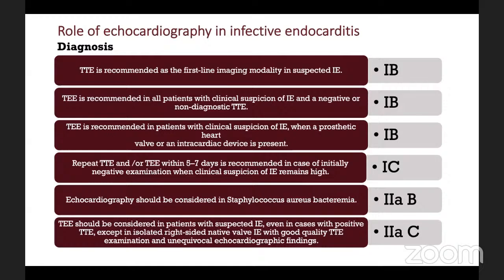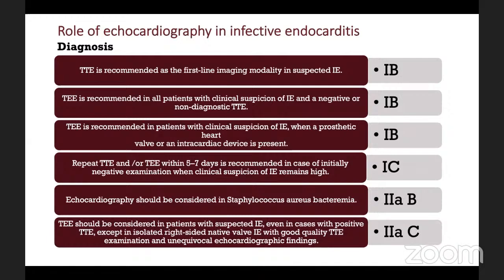TEE is also recommended in patients with a clinical suspicion of infective endocarditis when a prosthetic heart valve or intracardiac device is present. Repeat transthoracic or transesophageal echocardiography within 5 to 7 days is recommended in case of an initially negative examination when clinical suspicion of infective endocarditis remains high.